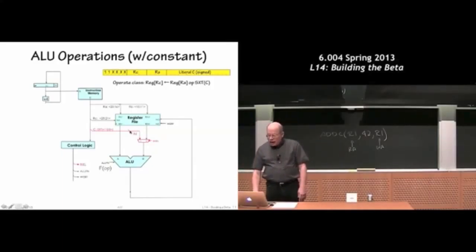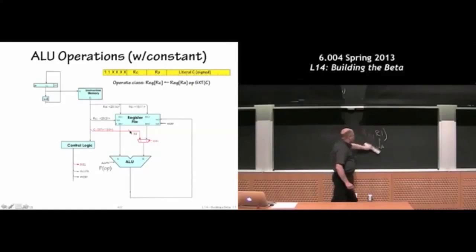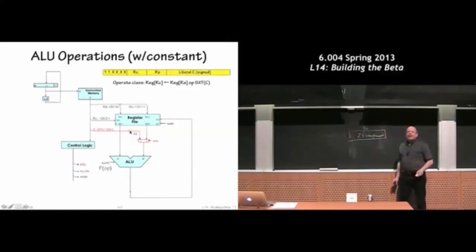Let me say a little bit about how we convert the 16-bit number into a 32-bit number. So the 16-bit number in the instruction field is treated, so here's my 16-bit field, so this is 16 bits. This is treated as a 2's complement number, which means the high order bit here is, if you want to think of that, the bit that tells us whether the number is positive or negative.